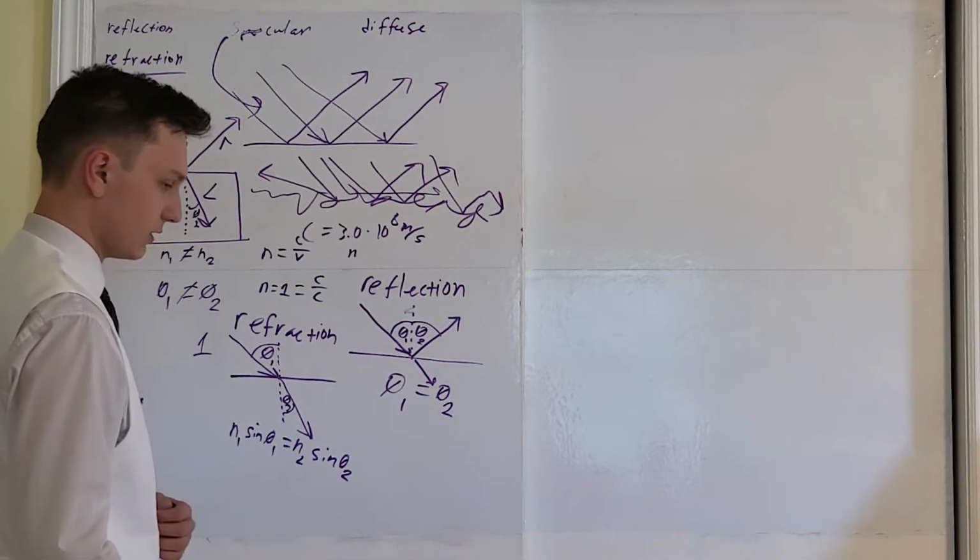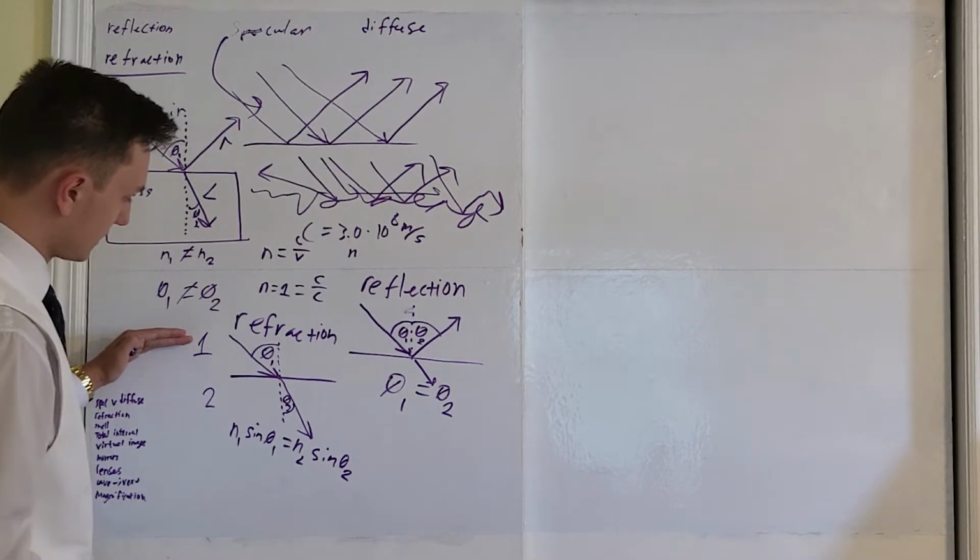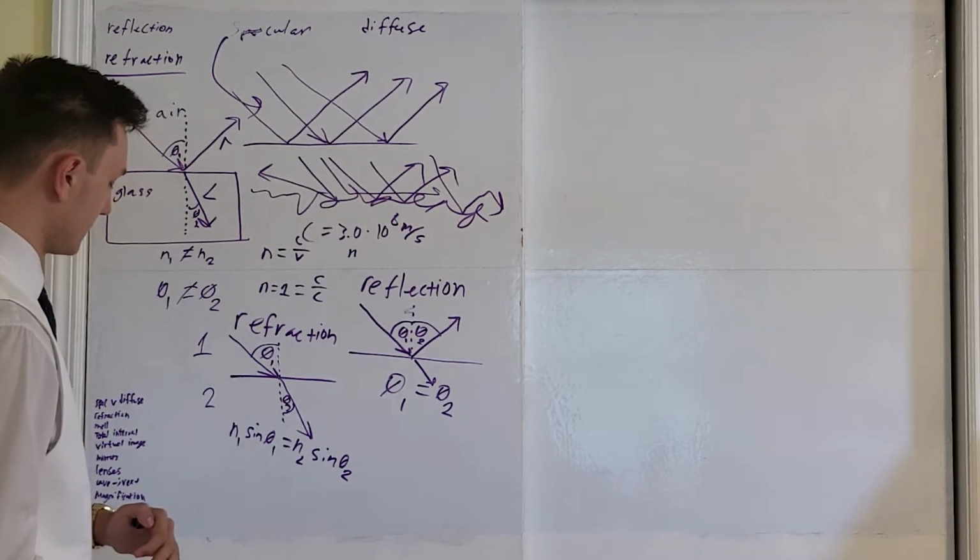This equation is known as Snell's law, where medium 1 is on this side of the boundary, medium 2 is on this side of the boundary.